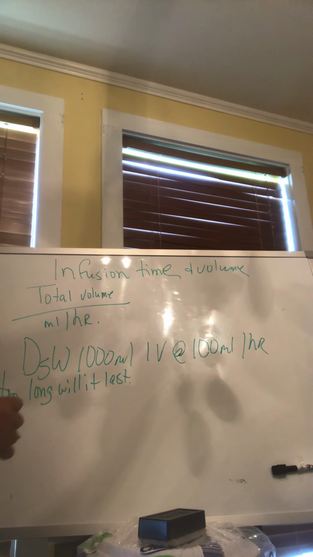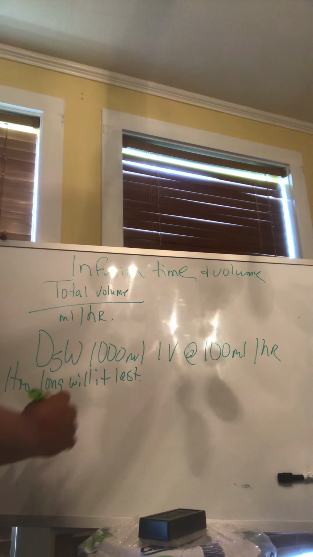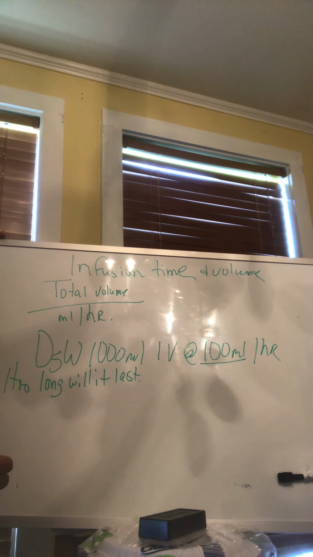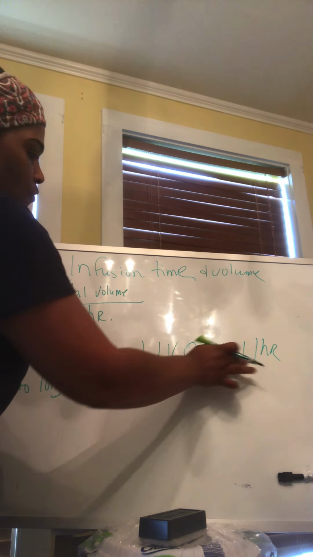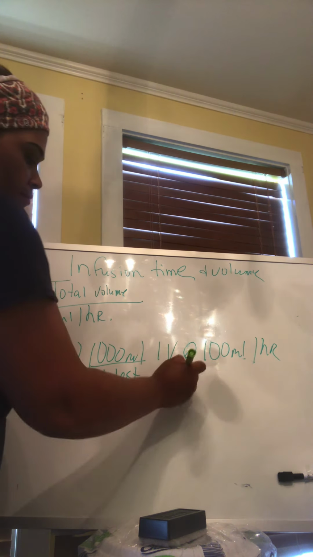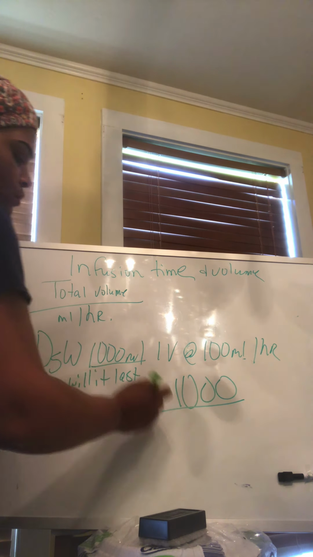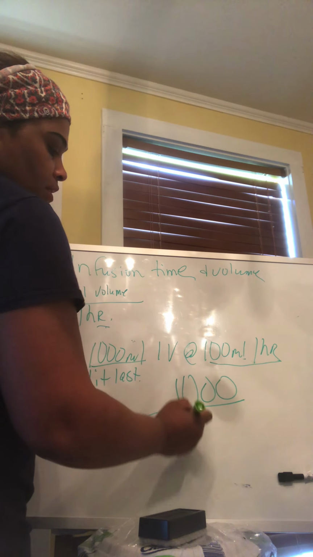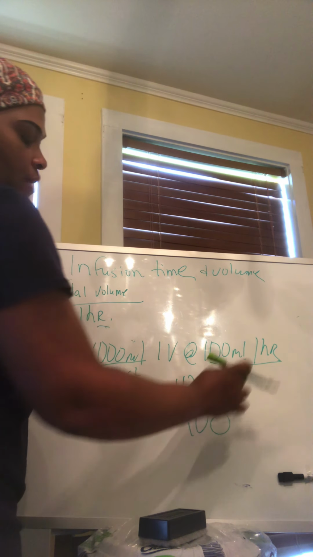So let's plug in our equation. Total volume is 1,000 because that's how much we want to infuse. Milliliters an hour is given to us, so we just put it over 100.